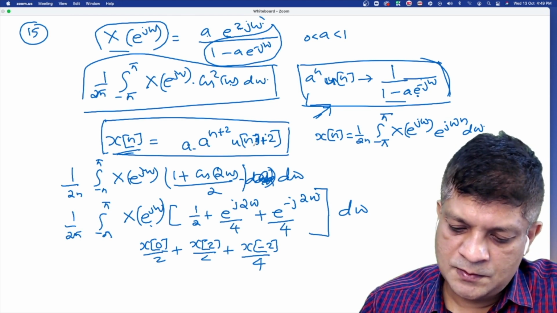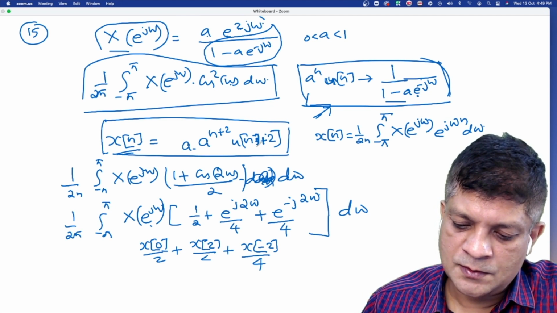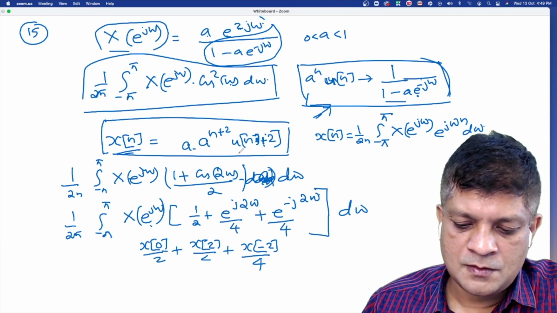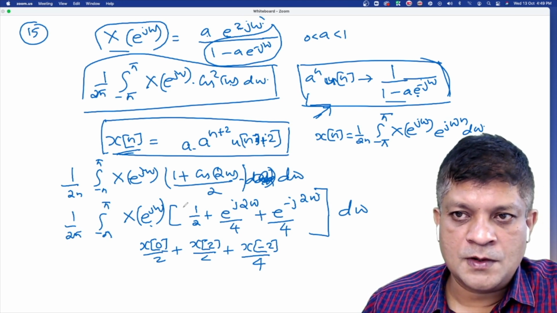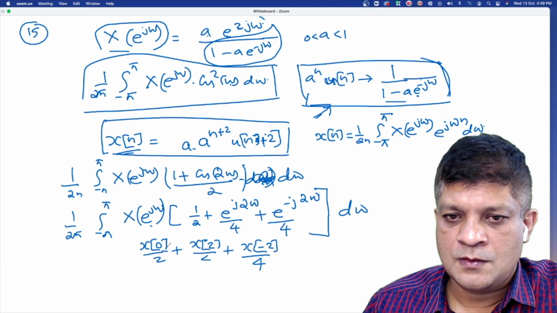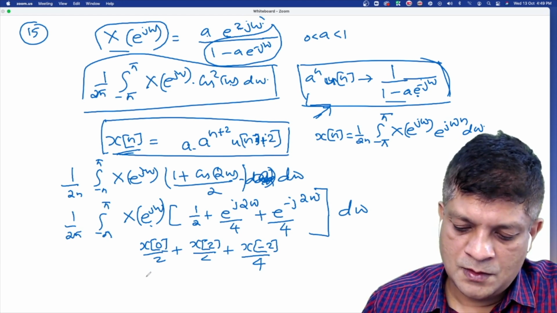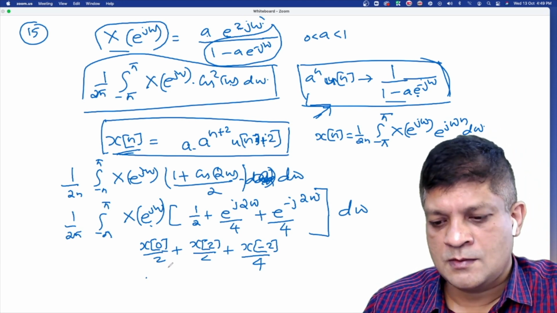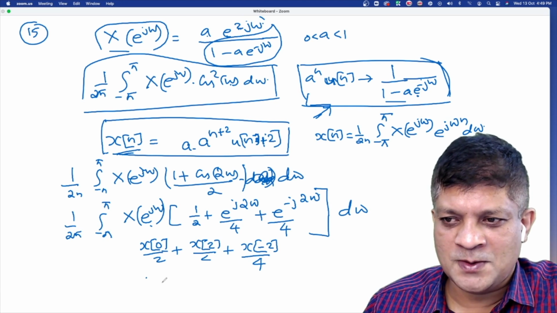What is x0? If you put n equals 0, this is 1. What is x0 here? x0 by 2? A cube u2 by 2. What is u2? Unit step function. What is the value of that u2?